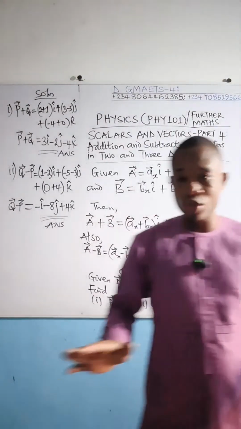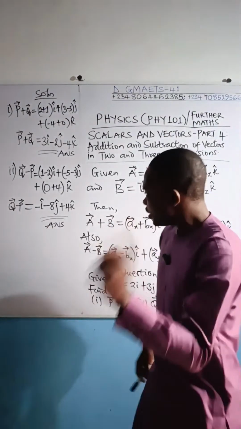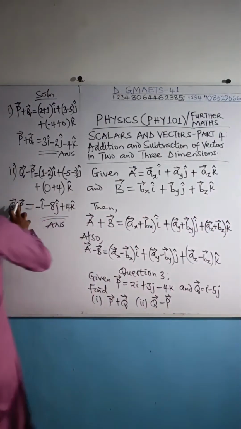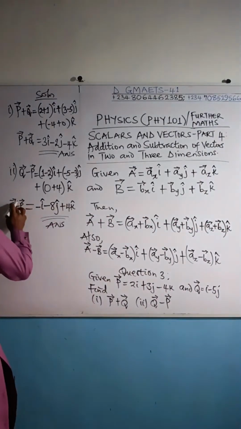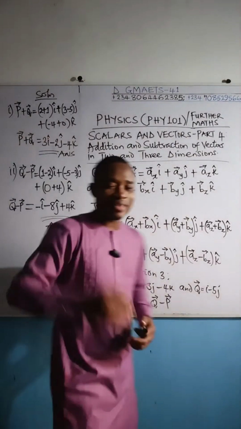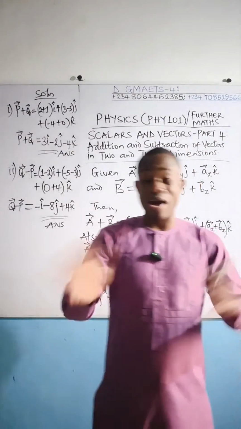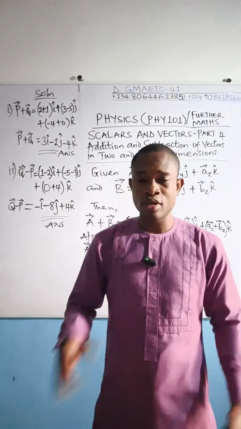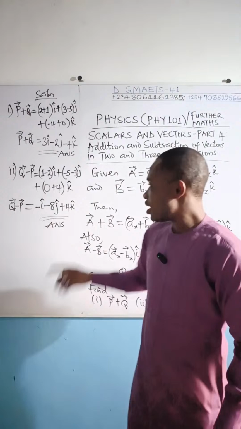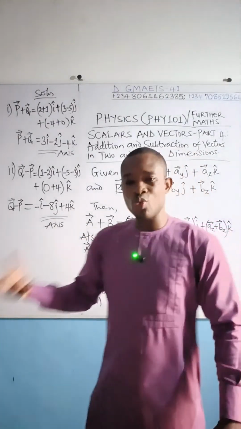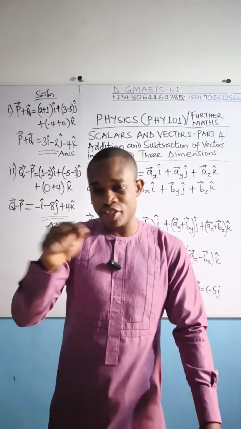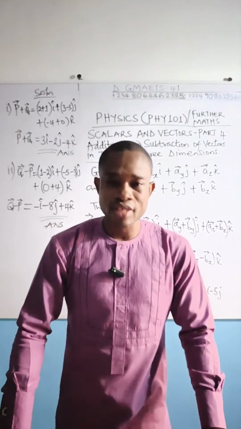So this is pretty cool. And quickly, there's something I want to point out to you before we take our next question. Did you observe the answer we obtained at the end of our addition and subtraction, as the case might be? You find out that the unit vectors I, J, K were attached. What does that tell you?